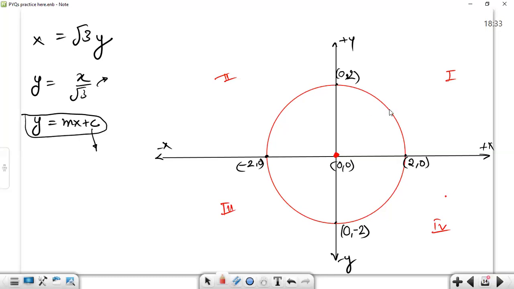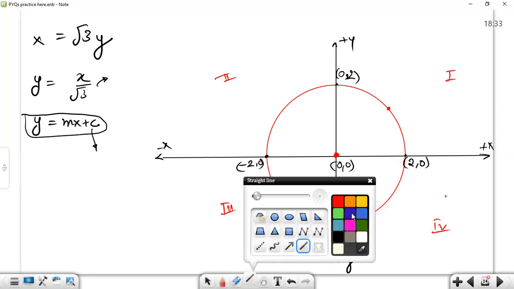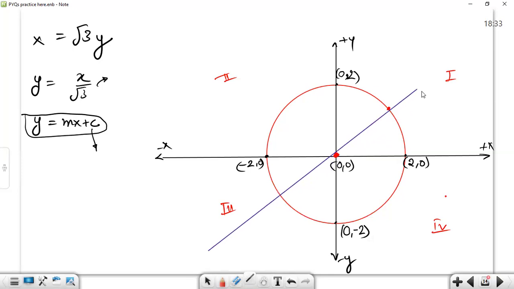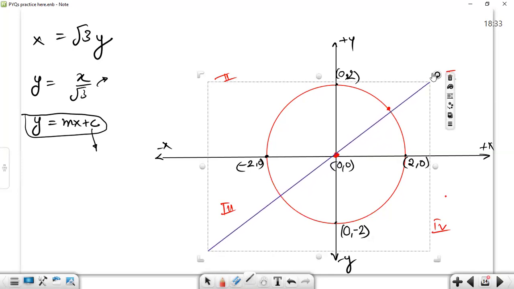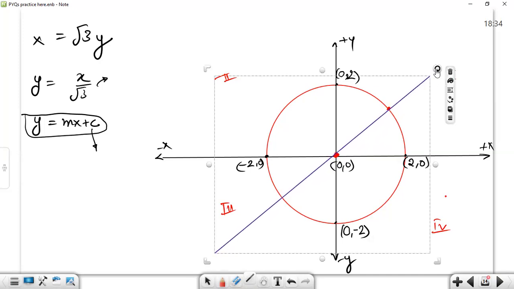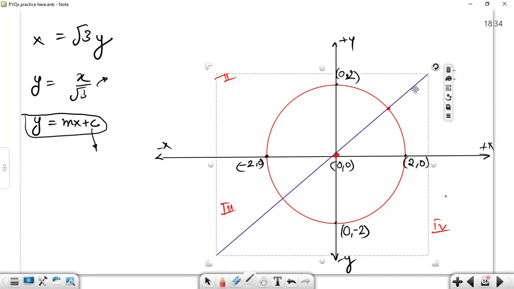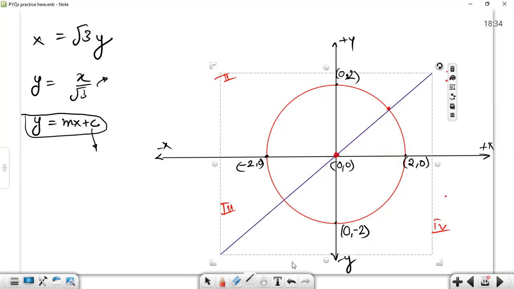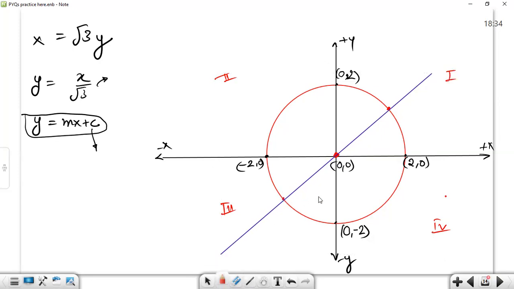So the point can be anywhere; let's do it roughly. If this is a straight line, it will go something like this, passing through both the points. Now it's passing through both the points, and it is also intersecting the circle once more.